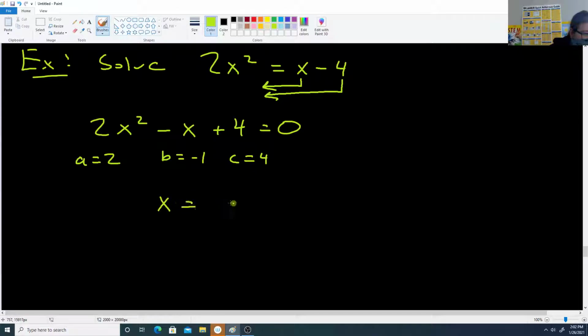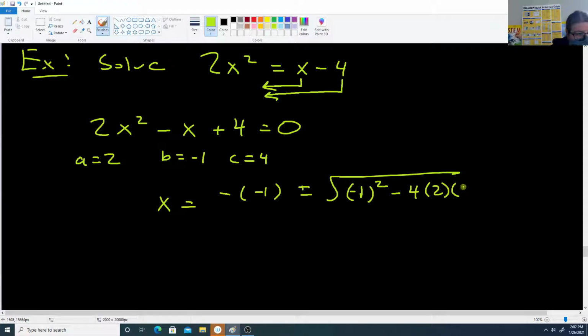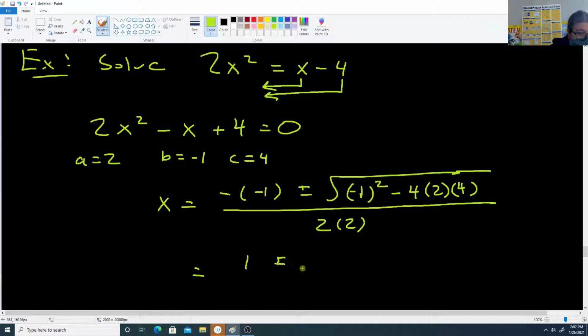So we'll get x equals negative b plus or minus the square root of b squared minus 4 times a times c, all that over 2 times a. So this will be 1 plus or minus the square root of, let's see, that's 1 minus 32.